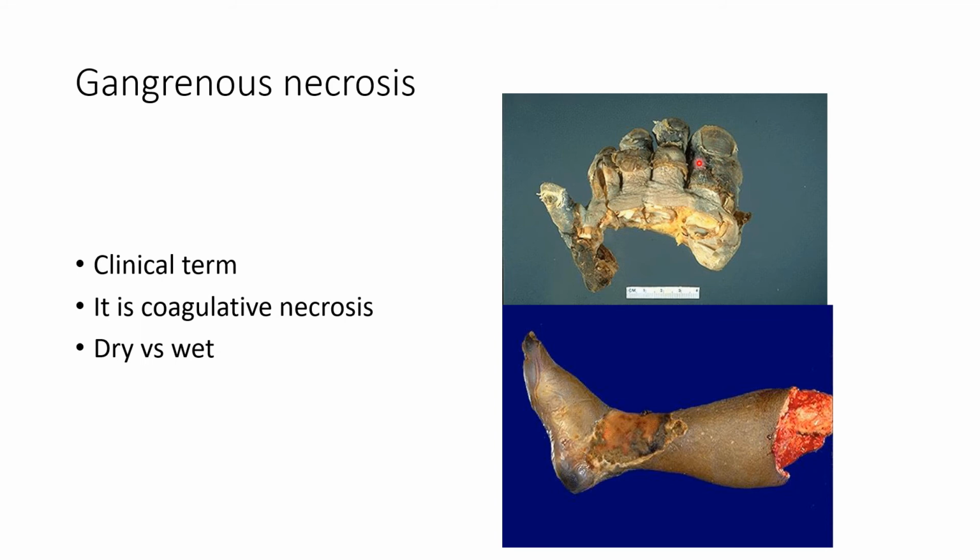As you can see here, and another example here, it's an amputated limb due to this gangrenous necrosis, and the cause of this gangrene is ischemia to the skin and underlying subcutaneous tissue with underlying muscle and sometimes reaching the bone. So it's in different tissue types at the same time.